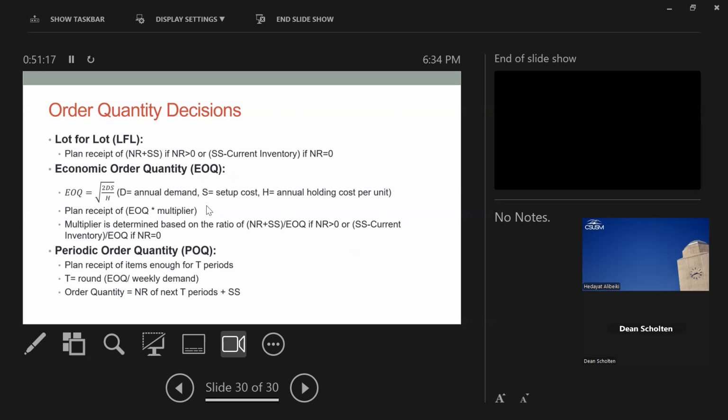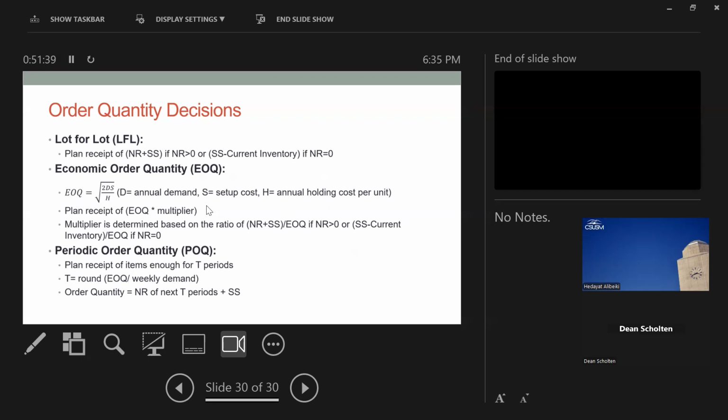Lot for lot says, if it's possible, whenever you need a quantity, you order exactly that. If you need 5 units, you order 5. If you need 100 units, you order 100. So there's no real delay.